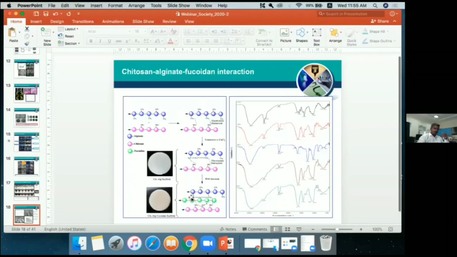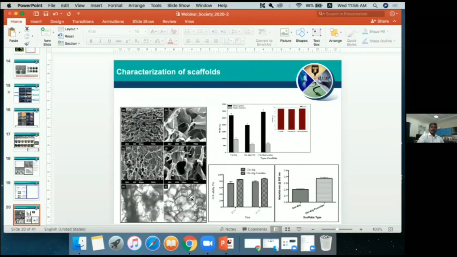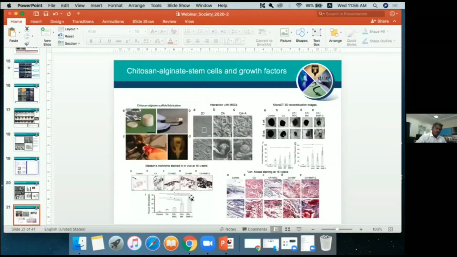And we have developed some other scaffolds, chitosan allogeneic and fibrin, and we have characterized them. And I want to say here, materials, cells and growth factor is the best combination to develop any tissues, starting from skin or bone or liver, or at the higher end even heart or brain too.